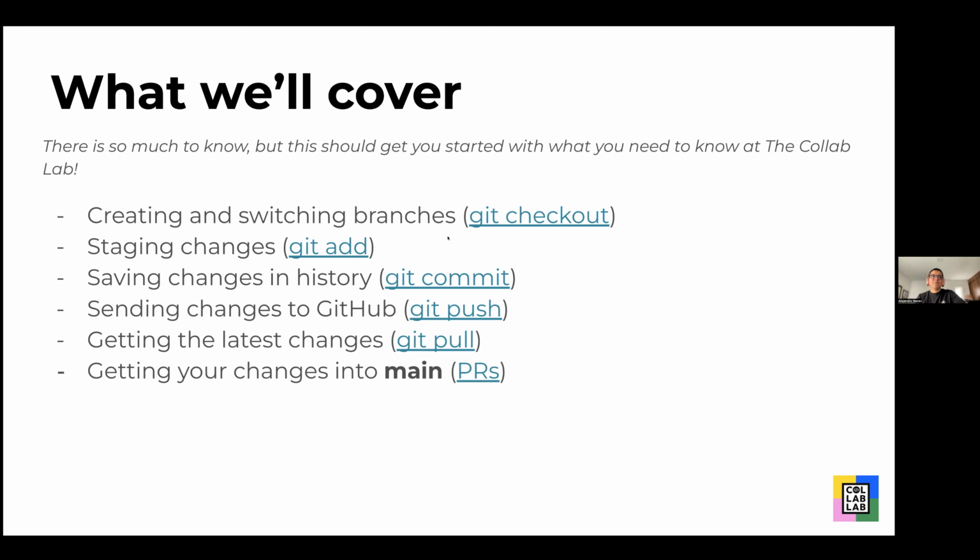So let's see, we're going to talk about creating and switching branches, staging changes, saving your changes, or committing changes, right? Pushing that to GitHub, updating your code with code from GitHub or the cloud, and creating PRs. So this is what this talk is going to be about.